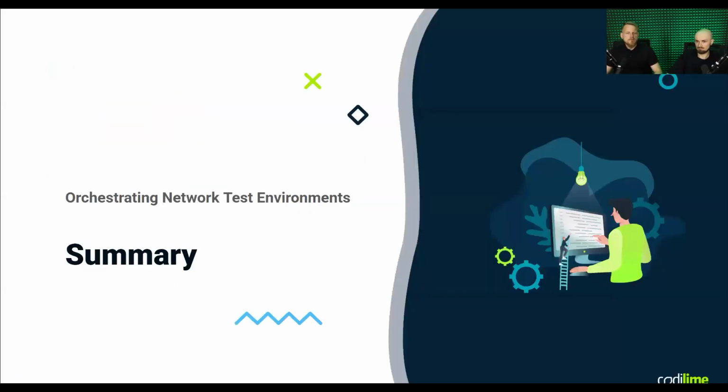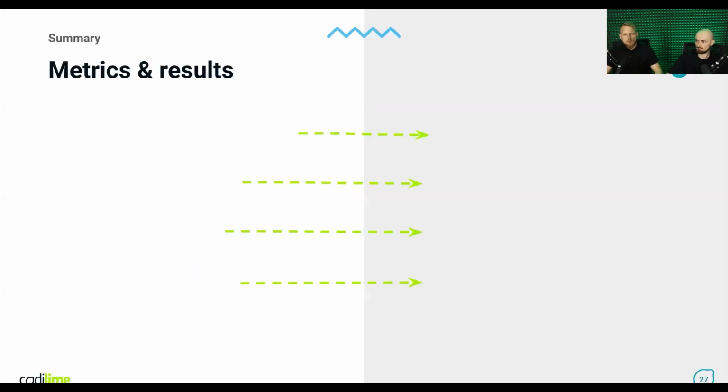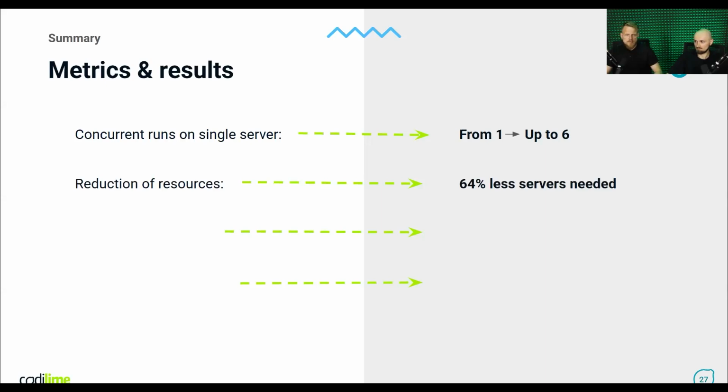Okay, let's summarize what we achieved by deploying our solution, highlighting our key successes and learnings. We want to show you the real numbers. First, we increased the number of tests running at the same time on a single server from 1 up to 6. And as a result, we reduced resource usage.